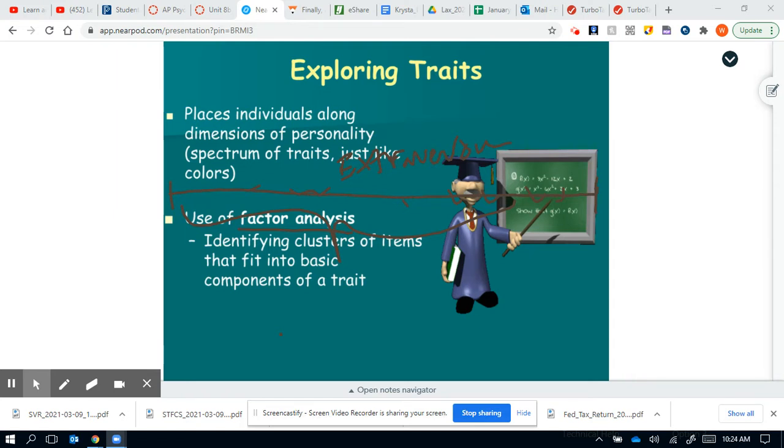By looking and seeing which different clusters of items correlate with one another, and saying like, all right, this one and this one are all answered the same way, so that would fall into this trait. Okay, factor analysis, seeing how different factors are related to one another.